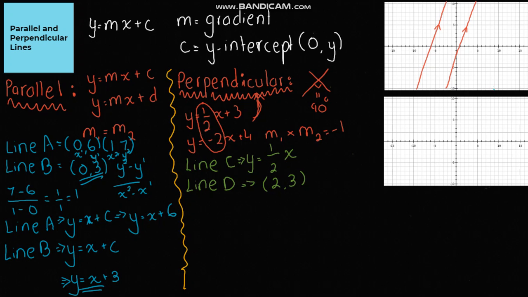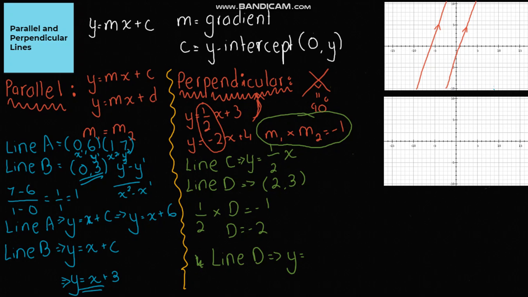Now again, as I told you, this is very crucial. We have m1, which is 1 over 2, the gradient of line C. Multiply that with m2, which we don't know, so we'll just label it as the gradient of line D, which is equal to -1. You multiply both sides by 2, and you get the gradient of D equal to -2. Therefore, line D is y is equal to -2x plus c.